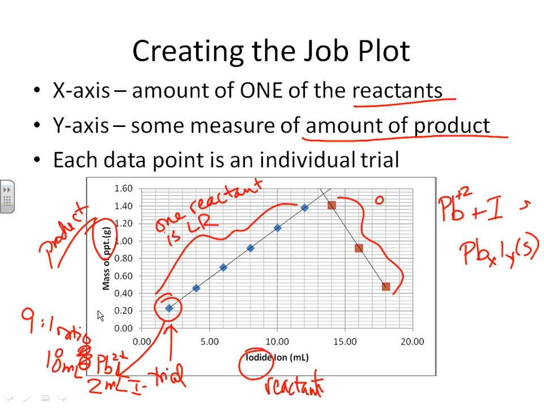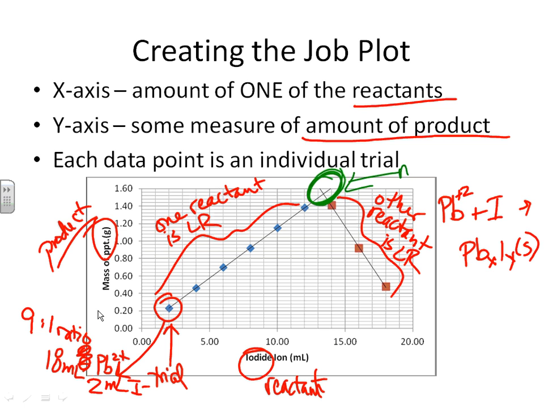And again, over here, one of the reactants is limiting, but now it's the other reactant that is the limiting reactant. But at the point where the 2 extrapolated lines intersect, neither reactant is limiting, because we have the correct molar ratio.